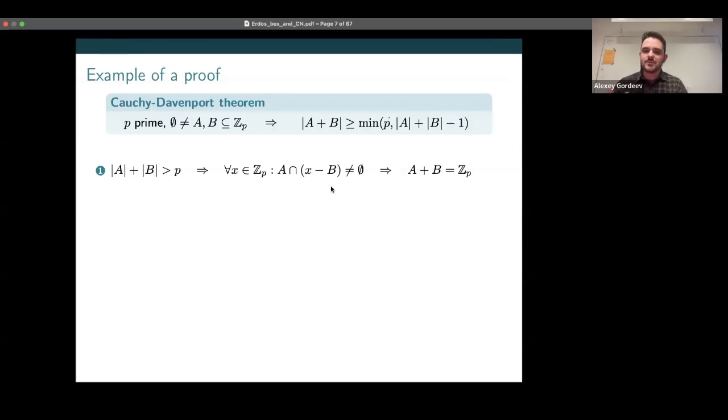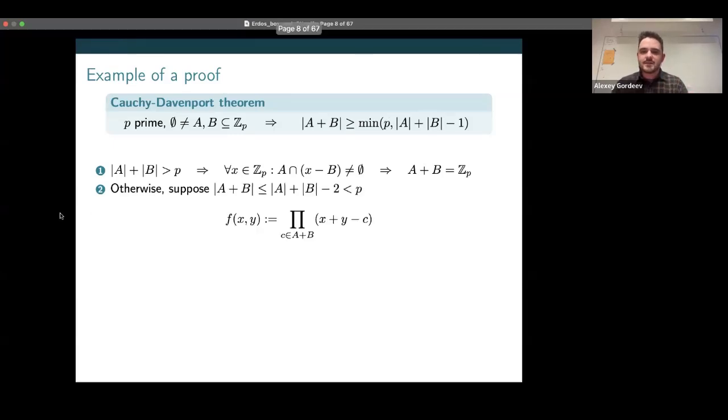So by the pigeonhole principle, they have some common element. But this just means that this common element corresponds to an element of A and an element of X minus B, so it just means that X belongs to A plus B. And since we showed it for every X, it means that A plus B is the whole Z_P. So this is an easy case.